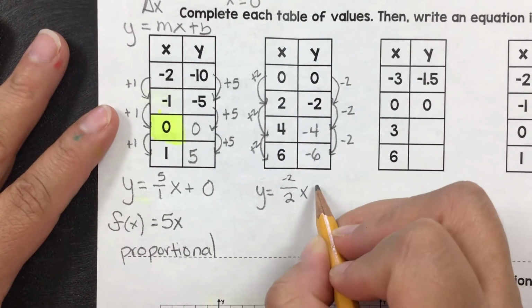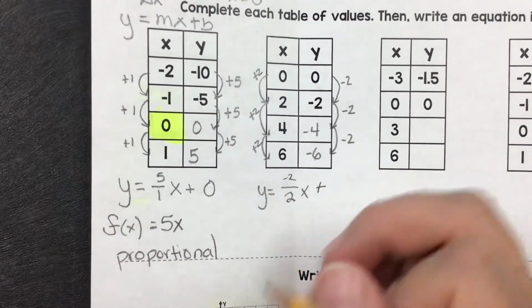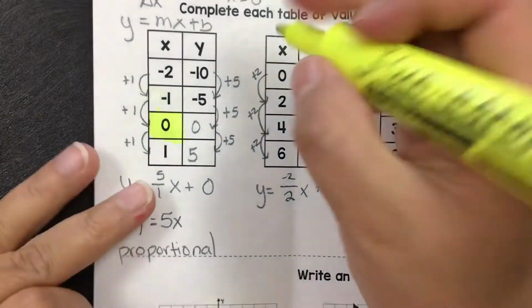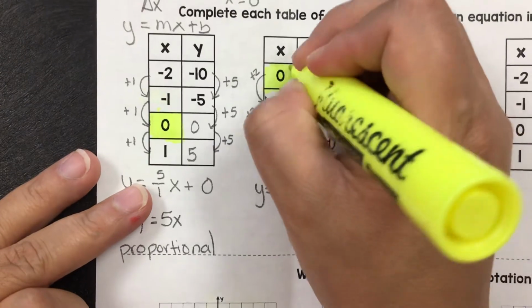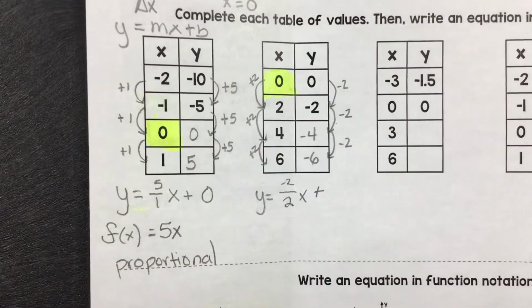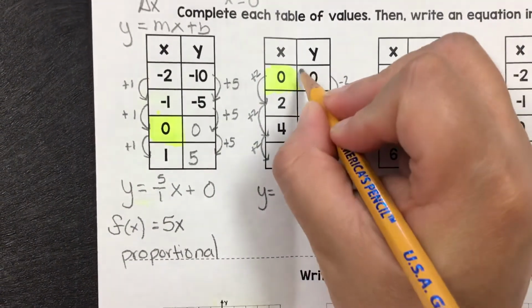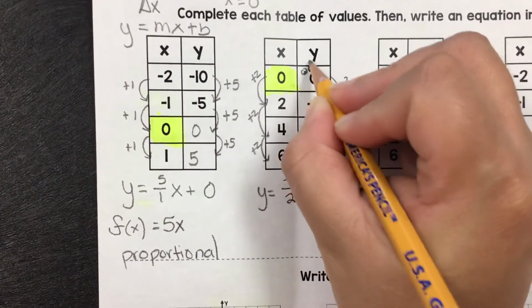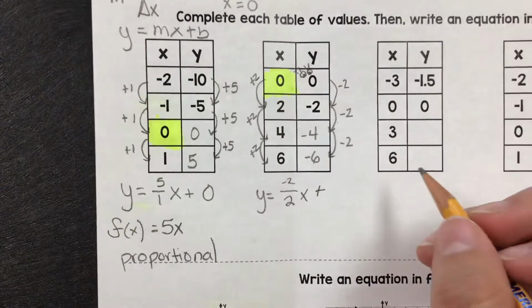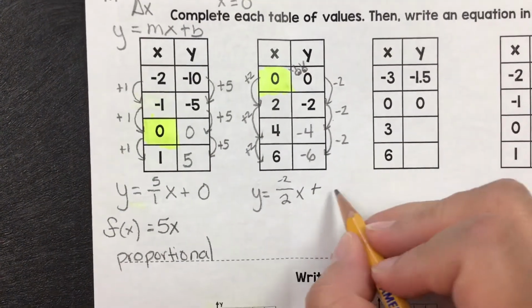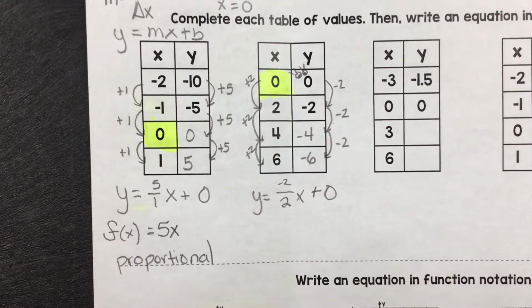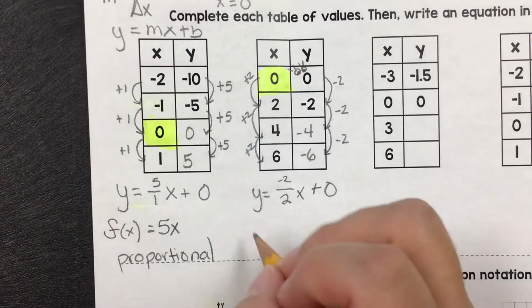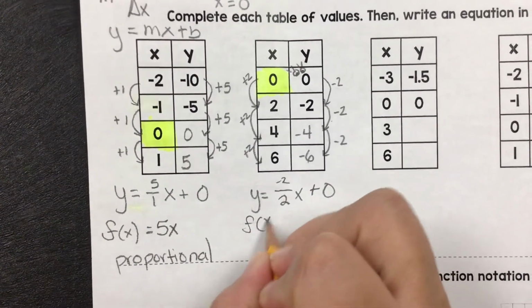X, and then I'm looking for that y-intercept. That's where the x is 0. Looking for my y value, so I'm going to put big old eyeballs right here. Look, you're looking for this one. 0. It wants it in function notation, so we're going to write our fancy f of x.